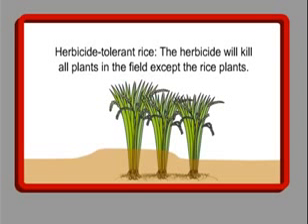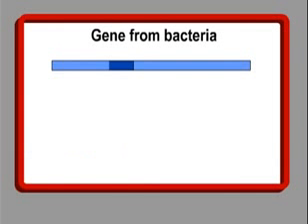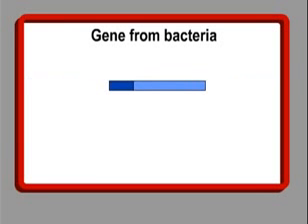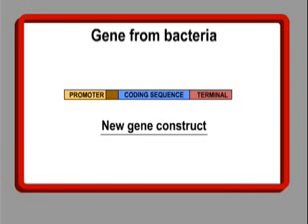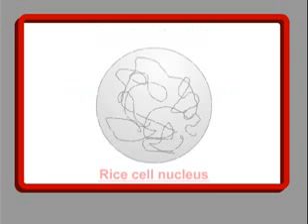We thus need to look for an organism that is tolerant to this particular herbicide and isolate the tolerance gene in it. Often, such genes are found in bacteria. We take out this gene in a laboratory and use its coding sequence to make a new gene construct, which can then be used in a plant.